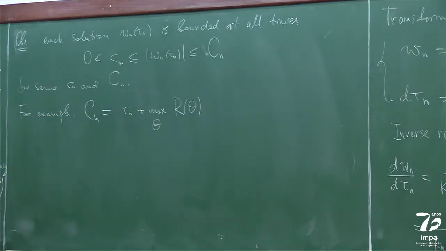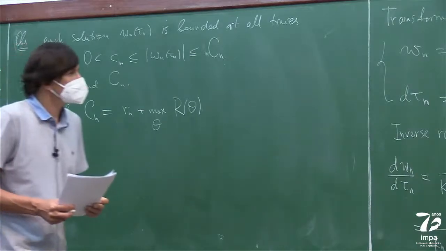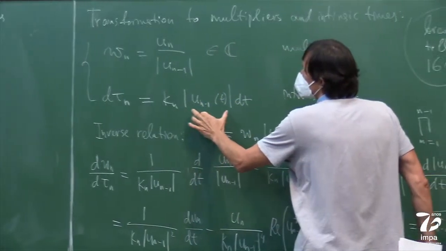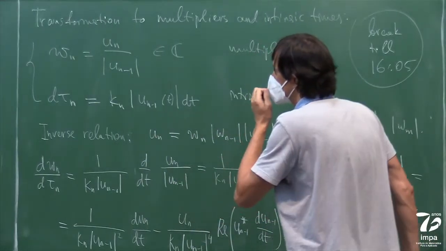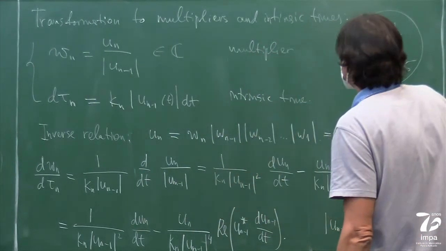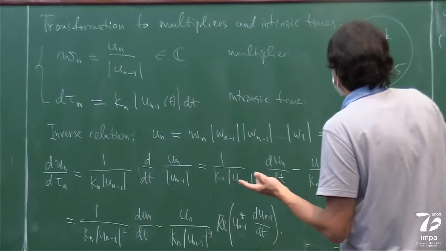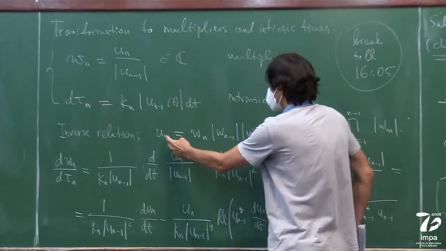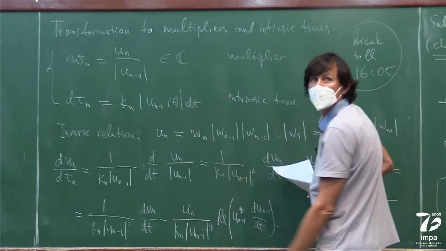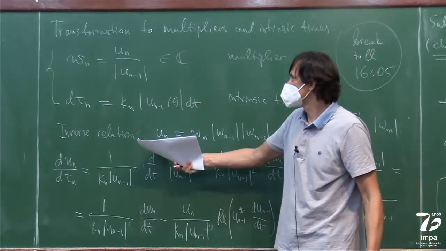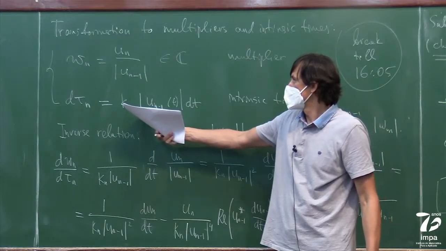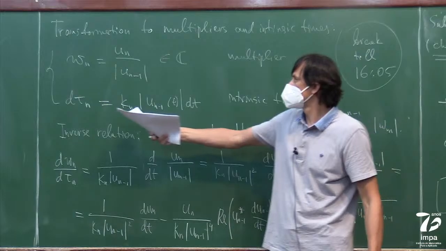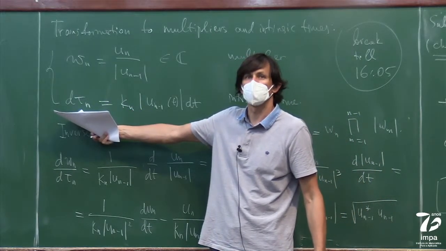And in particular, because of this relation, since Wn is bounded, all Un are bounded too, right? Because they're a product. So all Un are bounded on both sides, and this means that there is a bounded rate for the growth of each intrinsic time.